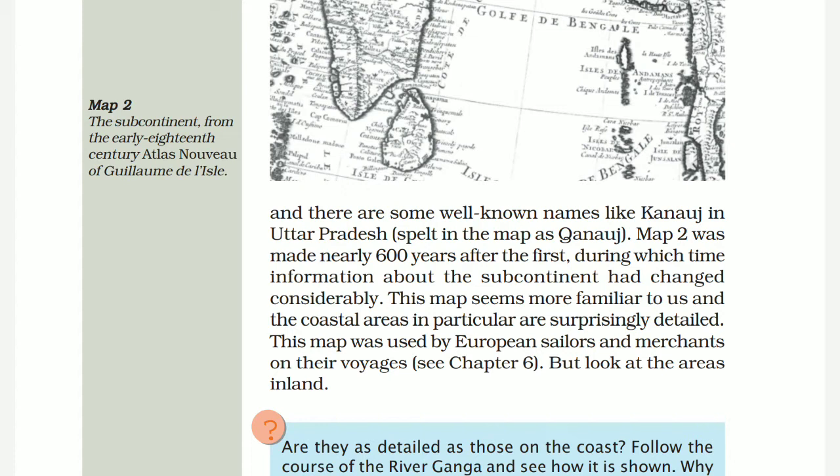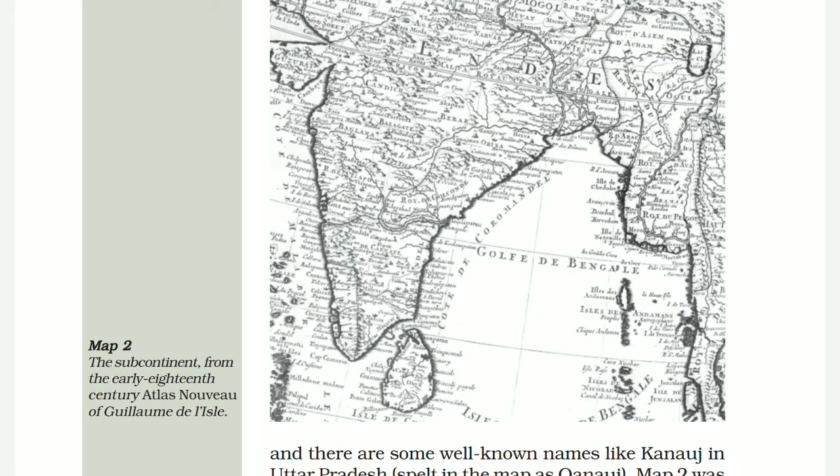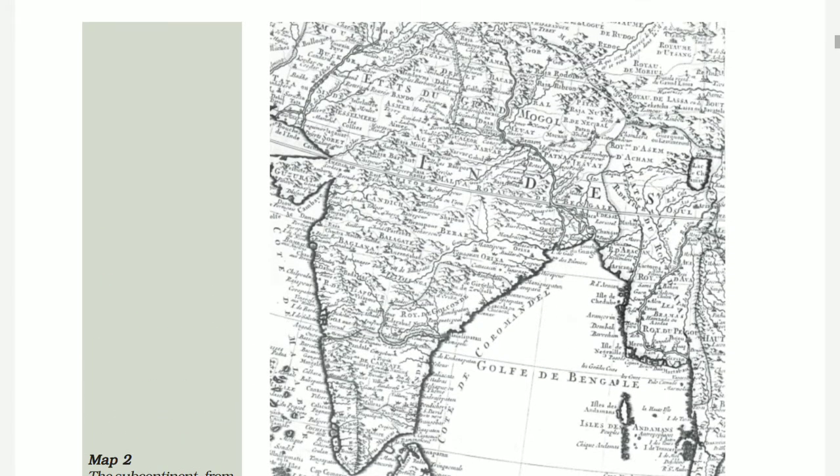This map seems more familiar to us, and coastal areas in particular are surprisingly detailed. So this map was used by European sailors and merchants on their voyages. But you look, this area is most similar to what we have now.